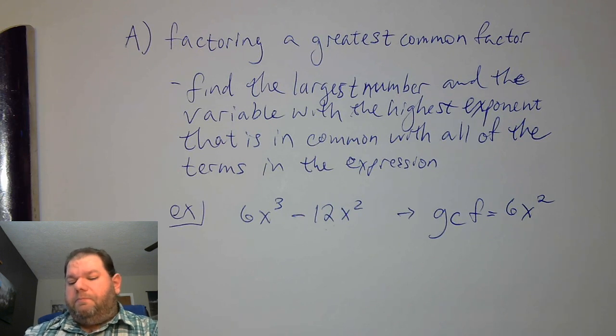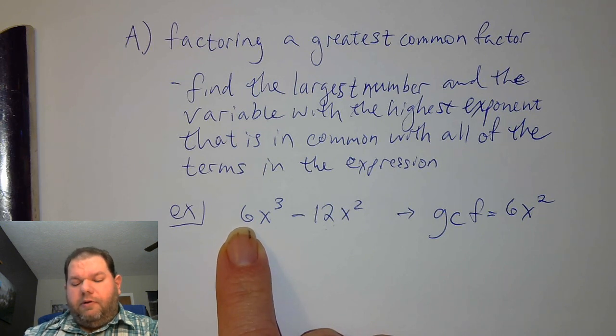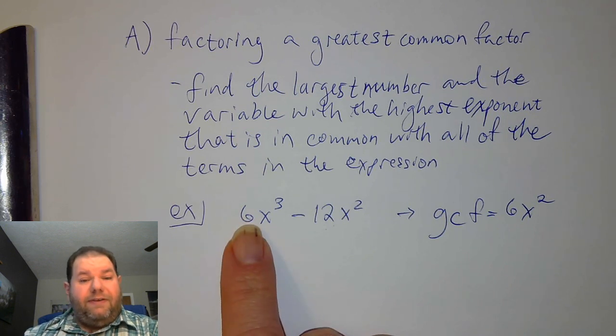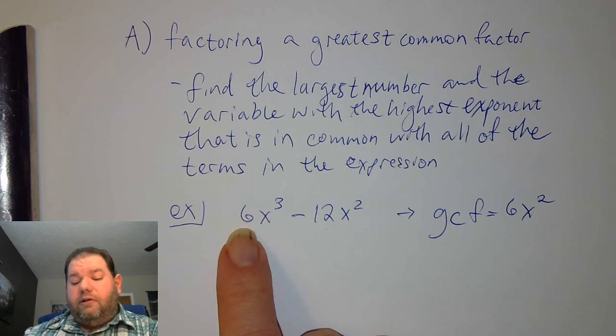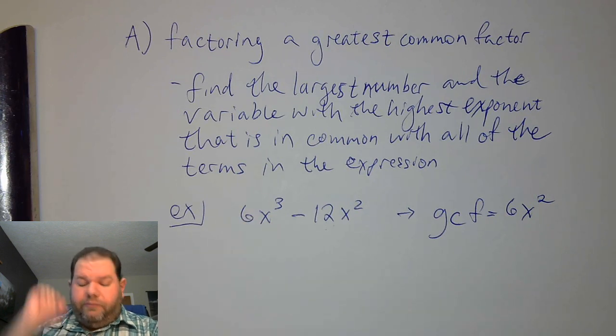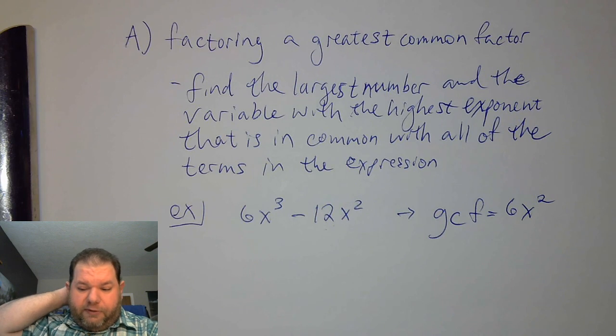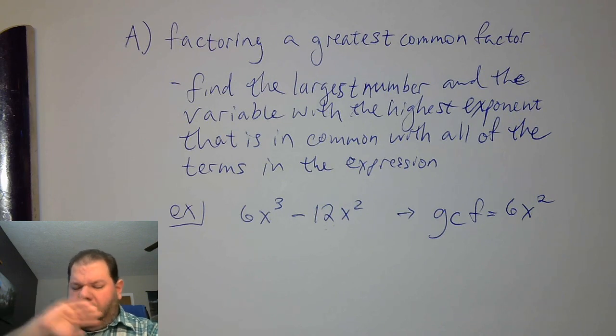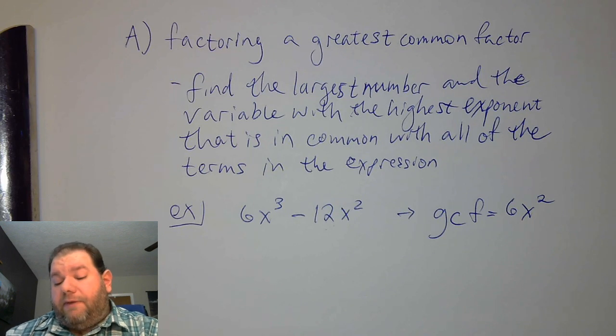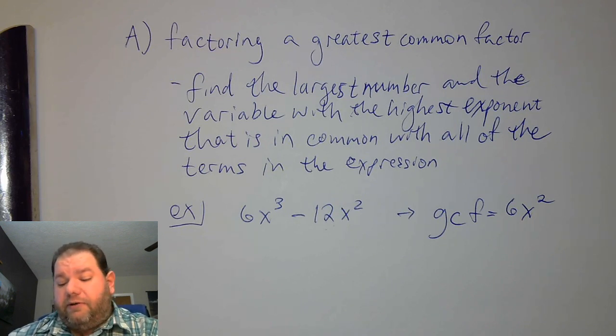Okay? So the biggest number that we can take out of a 6 is 6 itself. Okay? And it also happens to be a factor of 12. Oh, excuse me. Happens to be a factor of 12 also, so 6 works as our greatest common factor.